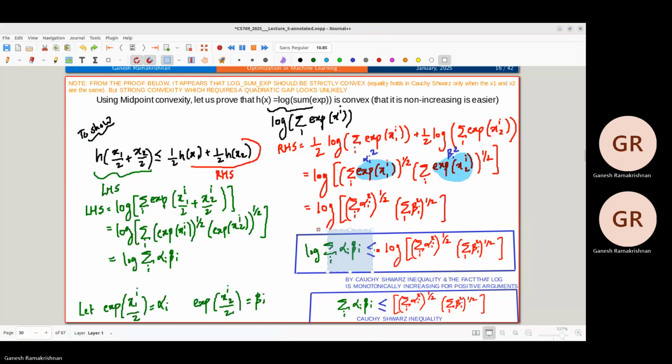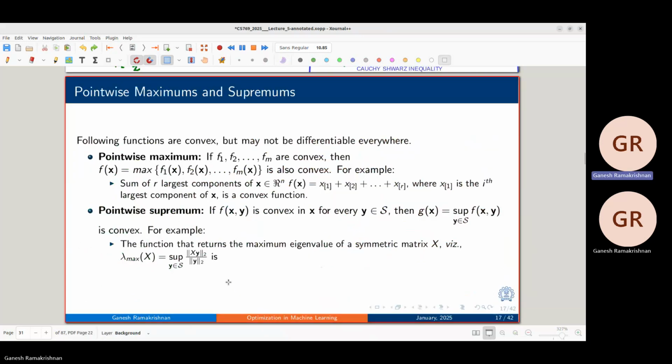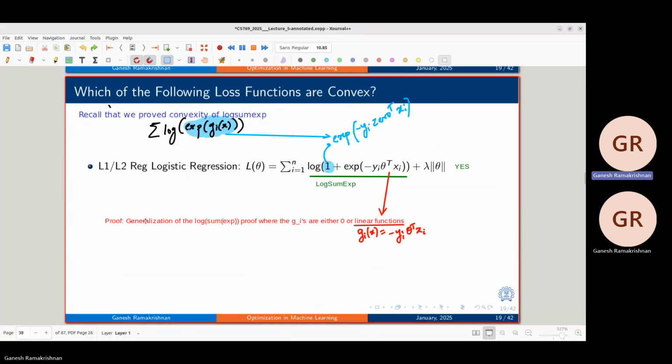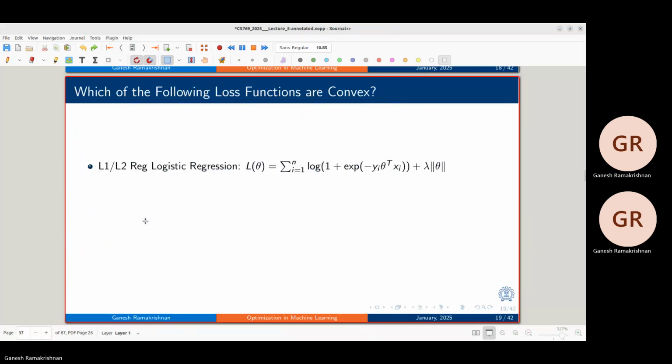Okay, so I'm going to leave you with a homework problem. I will look at this later on, but I'll leave you with some questions. You need to think about which of these functions are convex.